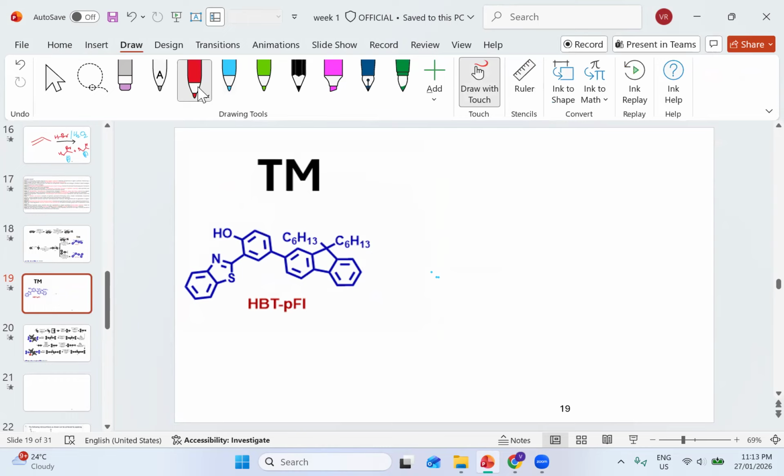So what are the possible retrosynthesis analysis for this molecule?